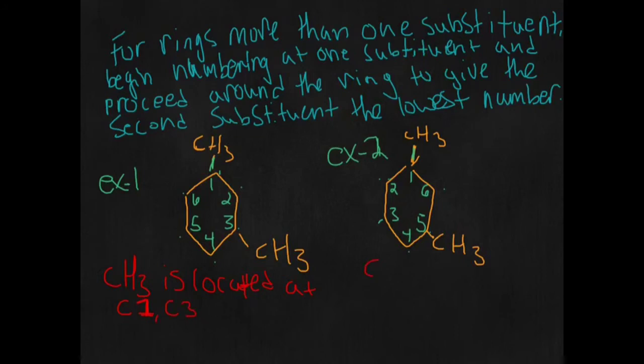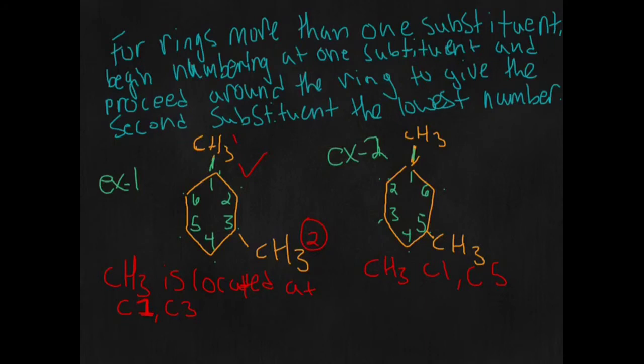Over here, our CH3 is located at carbon 1, so that looks good already. But then our second one is located at carbon 5. So we know that something went wrong there. This one is right because the second substituent has the lowest number.